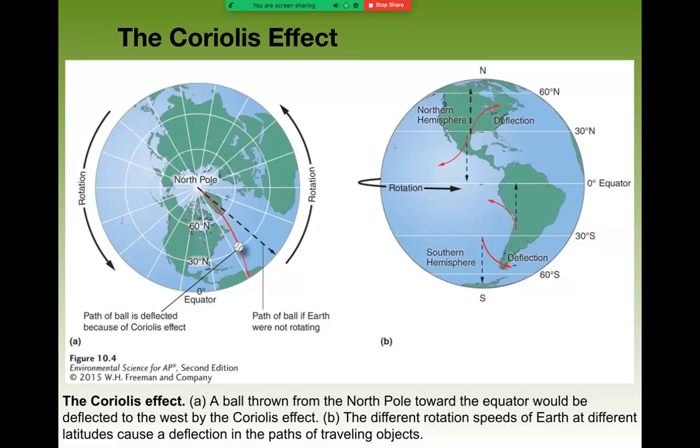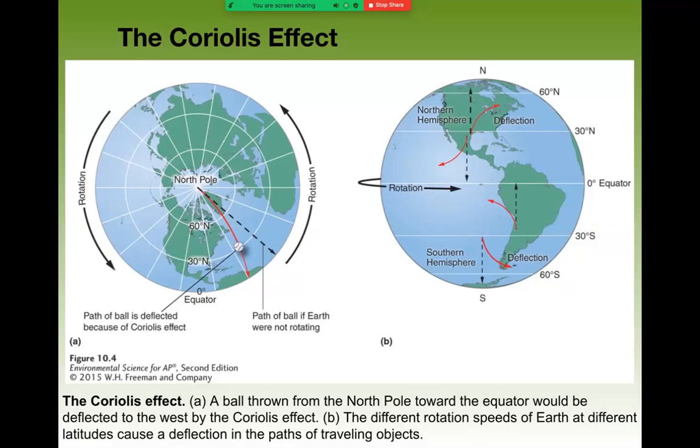In the time it takes for the bullet to leave his gun and strike the target, the Earth has moved enough underneath that bullet that if he does not compensate for that movement, he will not hit his target. So this is a very real effect.